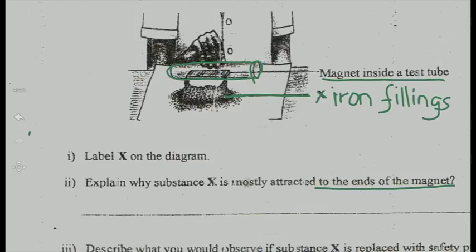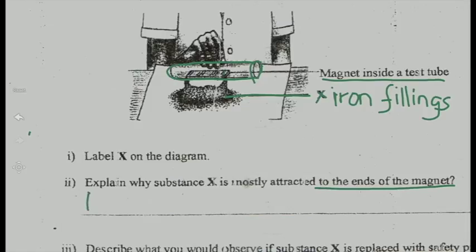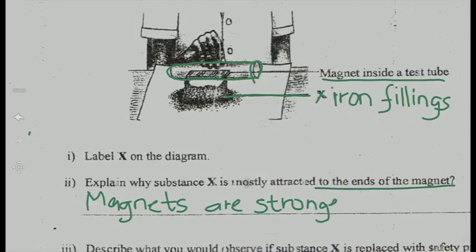They are attracted to the ends of the magnet because one feature of a magnet is that magnets are stronger at the poles, or at the ends, which are the South Pole and the North Pole.